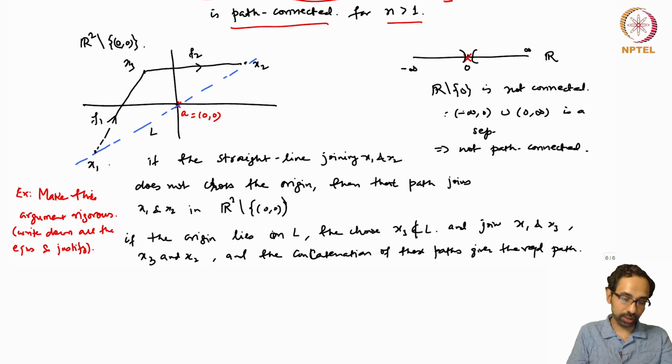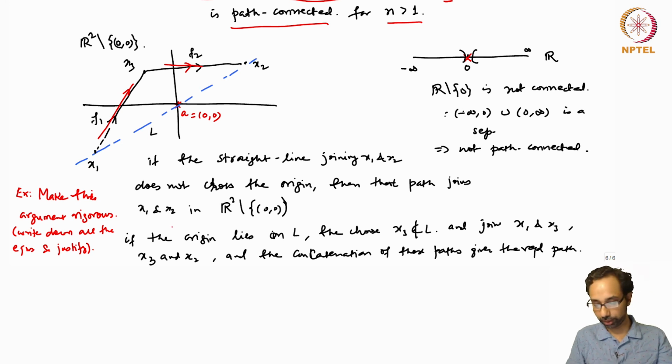One thing that has to be justified is the concatenation. By a concatenation I just mean that first you traverse this path and then this path. That's just a concatenation of two paths, where one ends at x3 and the next one begins at x3 as well, so you can just join them. I want you to write down all the equations and prove that the concatenation is continuous, for example, so it actually defines a path.